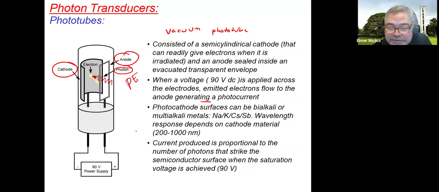The photocathode surface can be bialkali or multi-alkali, so that means sodium, potassium, cesium, strontium. And the wavelength response depends on the cathode material, from 200 to 1,000 nanometers. The current produced is proportional to the number of photons that strike the surface when the saturation voltage is achieved, which is around 90 volts.